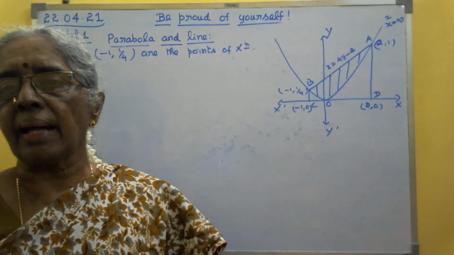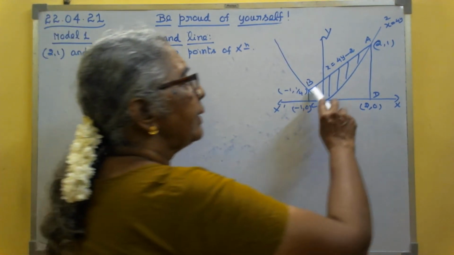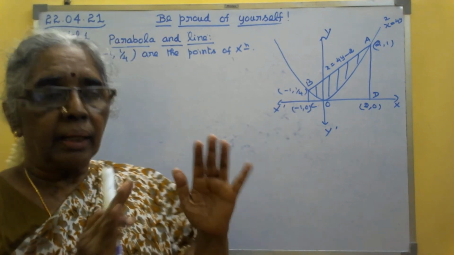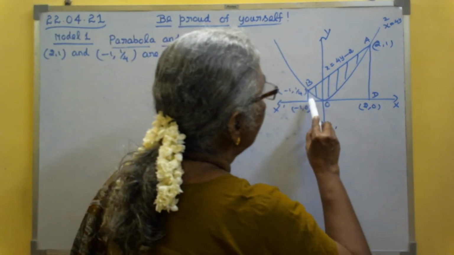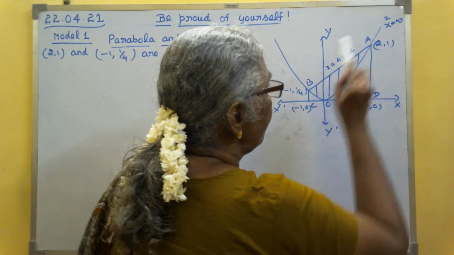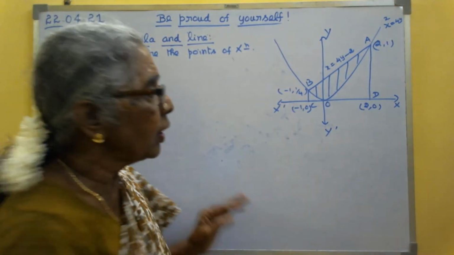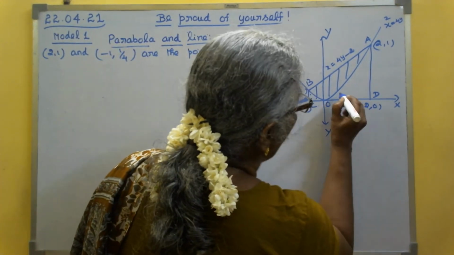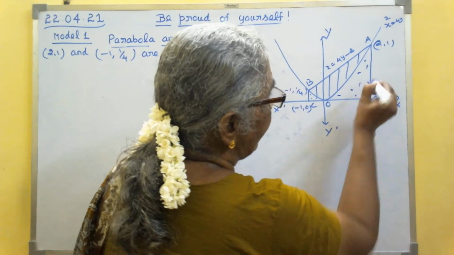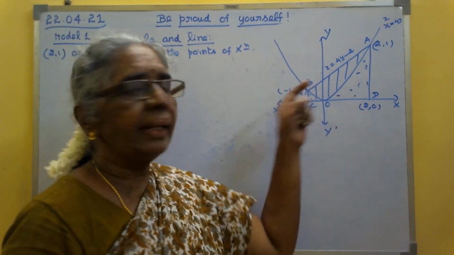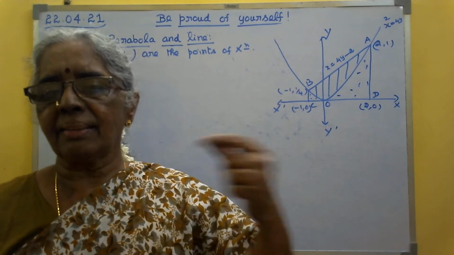First, you should understand how you will get this area. Just see the figure. You forget about integration. Now see, if from this trapezium ABCD, if from that area, if I subtract this portion and this portion, the area on the two sides, I will get the area I require, that is the shaded portion.